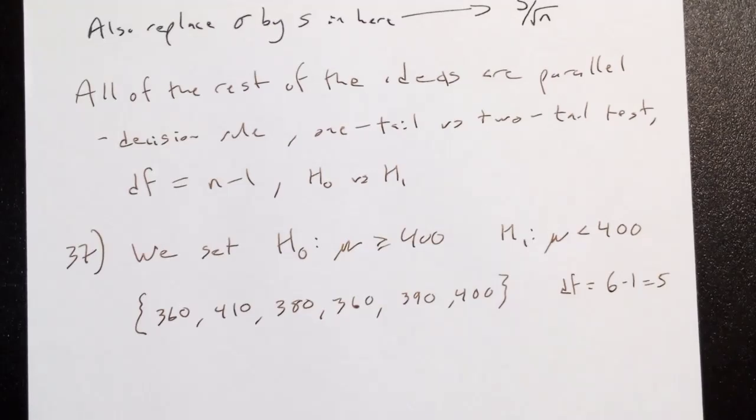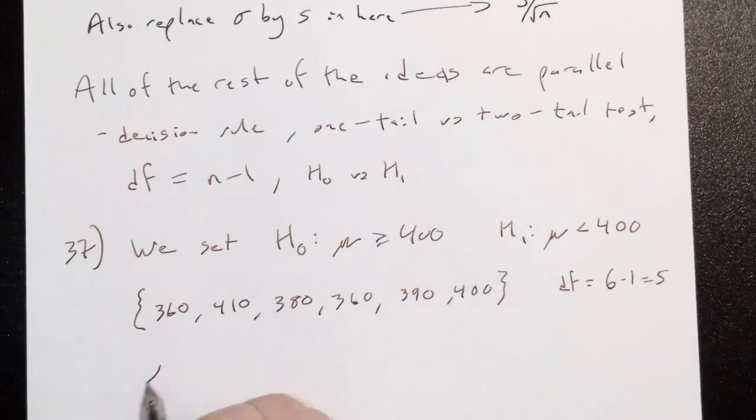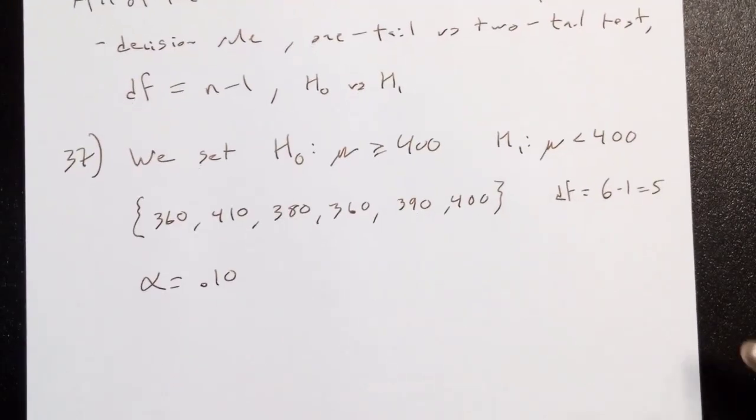Now, the only other piece of information I need to know before I start doing calculations is my alpha, my sensitivity for this test. And they told me 0.10, right? Now, I need to calculate a t-score.